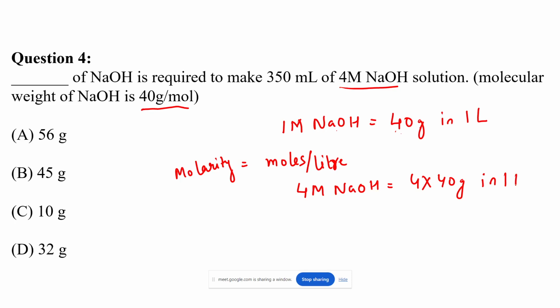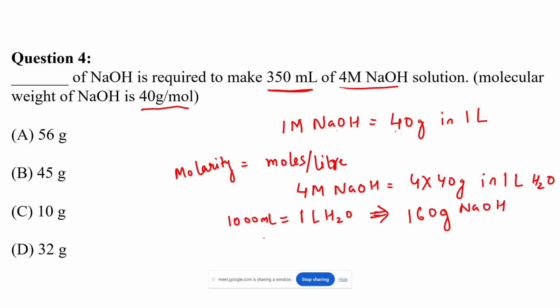So now we will see in 1 liter of solution we have 4 into 40, that means 160 grams of NaOH, right? 1 liter is equivalent to 1000 ml. So 1000 ml of water has 160 grams of NaOH.